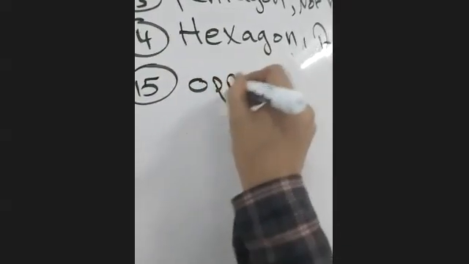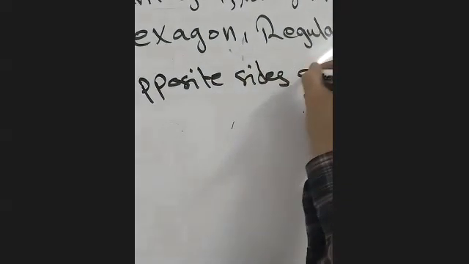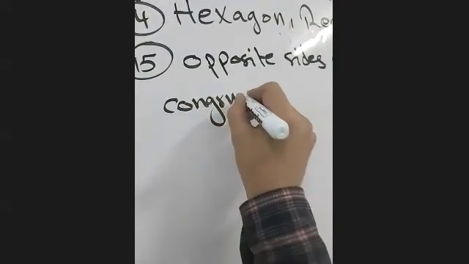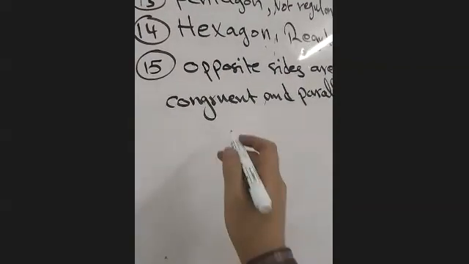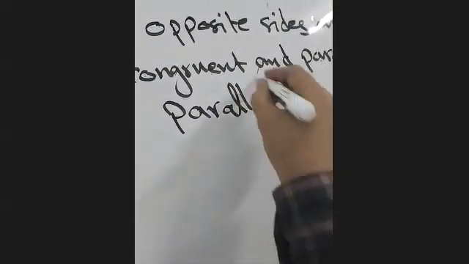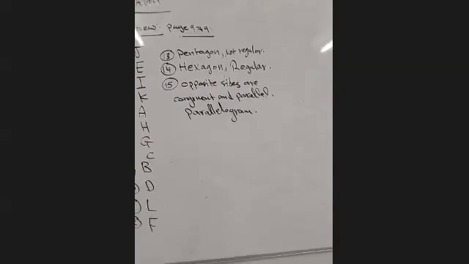Opposite sides are congruent and parallel. And what's the name of this quadrilateral? It is parallelogram. This is an important definition.